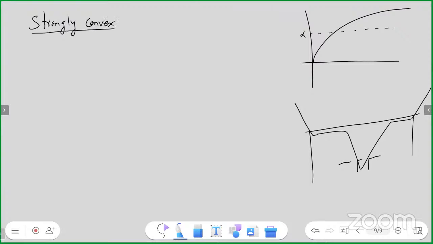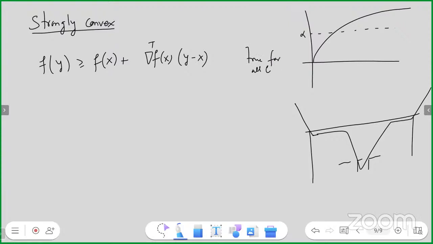So what is our characterization of a convex function in terms of its first derivative? We said f of y is greater than or equal to f of x plus the gradient of f at x transpose times y minus x. It's true for all convex functions. Please always remember this.